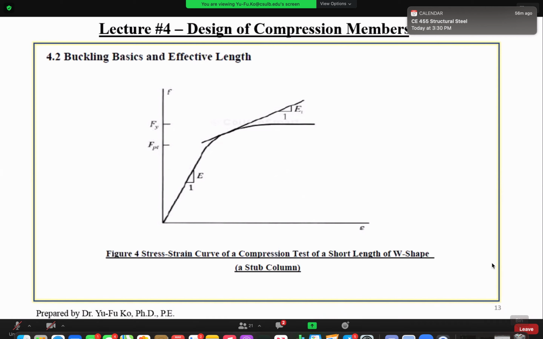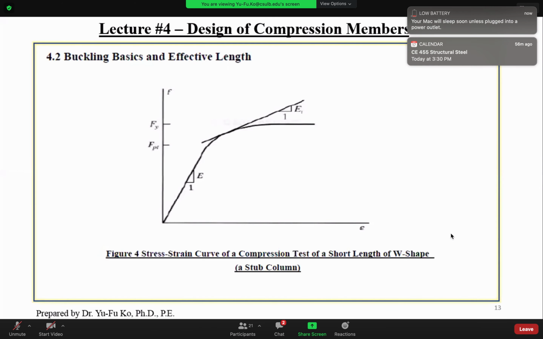Is F sub U the same? Yeah, it's the same. But typically for compression, you cannot go to FU. FU is only for the hardening region, correct? Yeah, it's only for hardening. And hardening only happens when we put it under tensile stress, right? Yes.